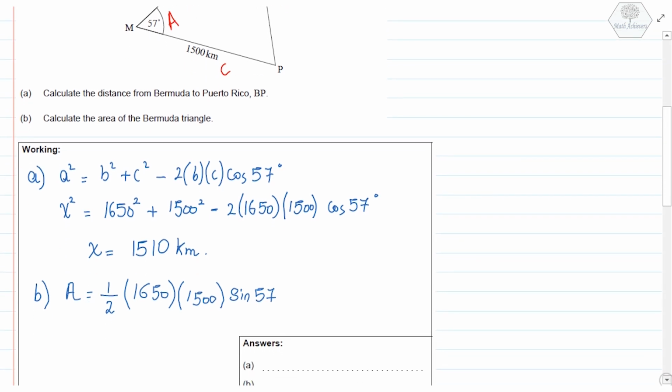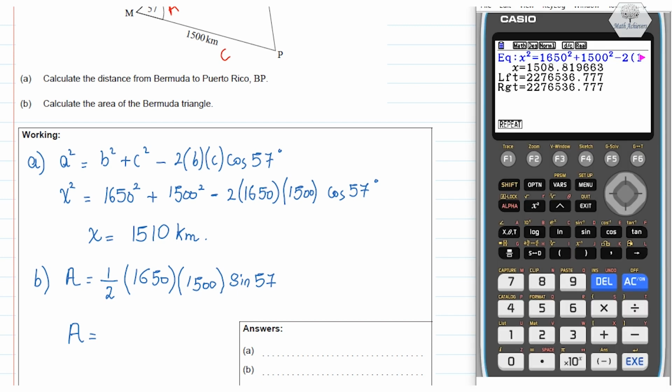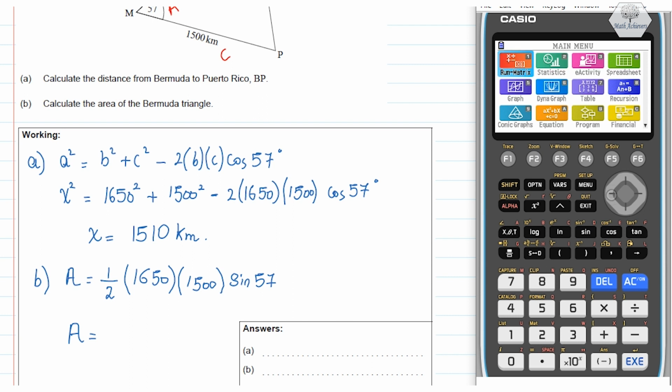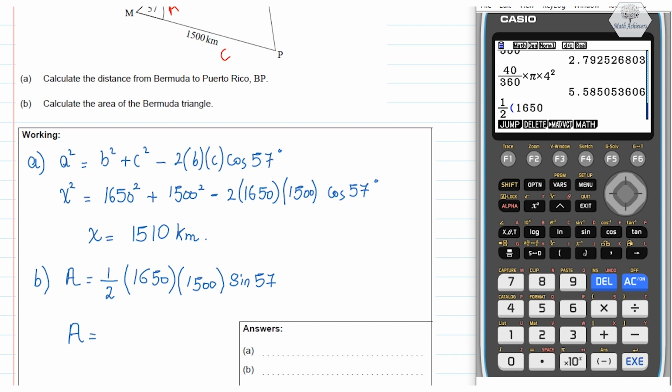And to find the area, I go to my GDC, I go to menu and to run matrix. So I have half times 1650 times 1500 times sine 57.